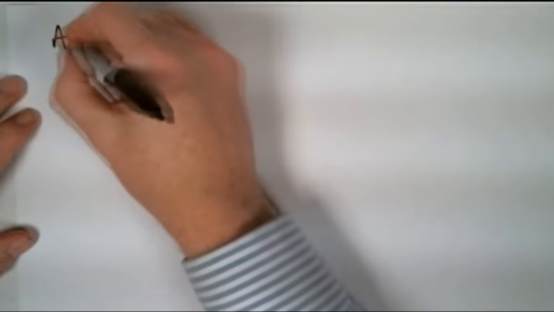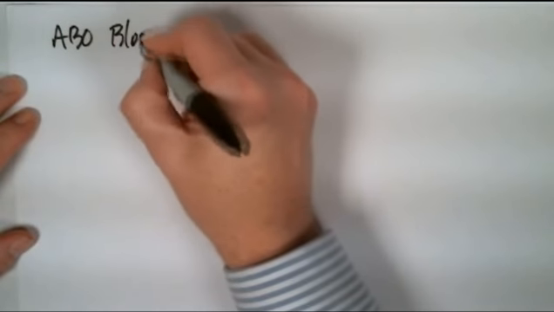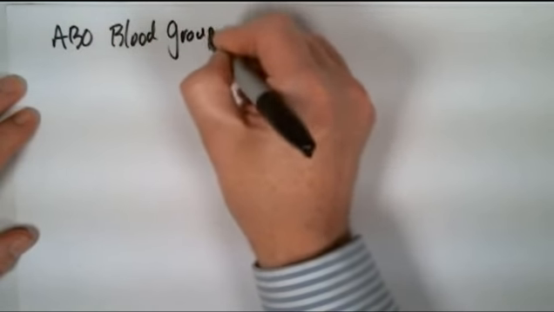We've got the ABO blood group, and the ABO blood group has three different alleles. There are other blood groups such as the MN blood group, but they all look at different antigens, different parts of the chemicals, the proteins, the antigens, the antibodies, and things that are in the bloodstream.